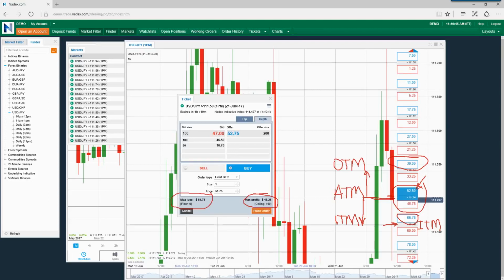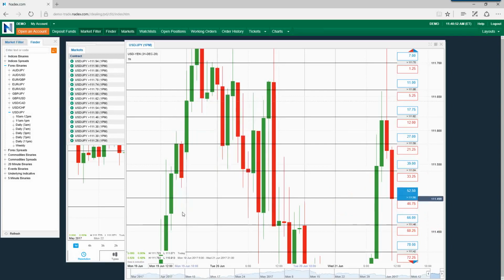Okay. So let's get rid of all of these, and I'm going to cancel that. And let's say, okay, I think it's going to go down. What's your at the money, in the money, out of the money? It's reversed. Your in the money would be one strike above where price is trading. So you would click on the red box here.